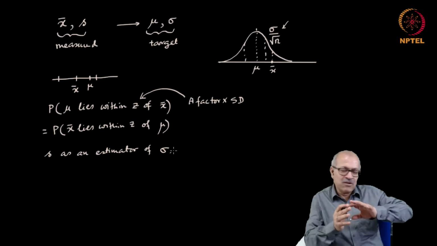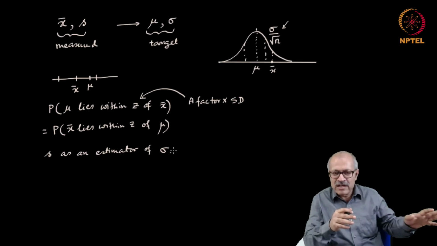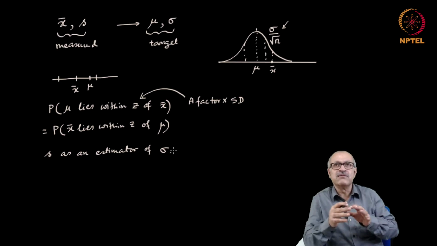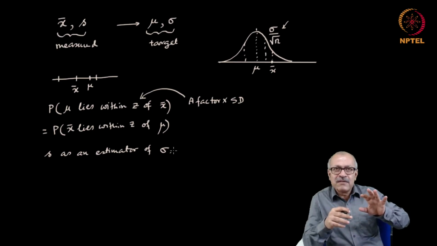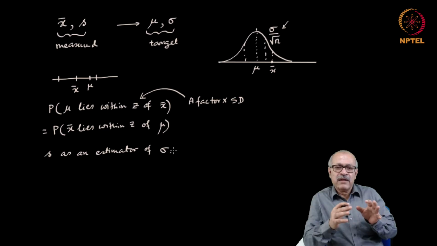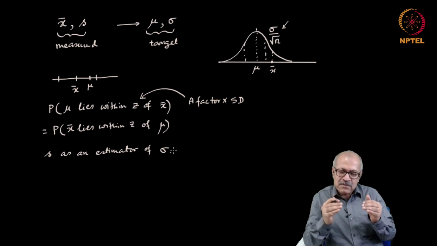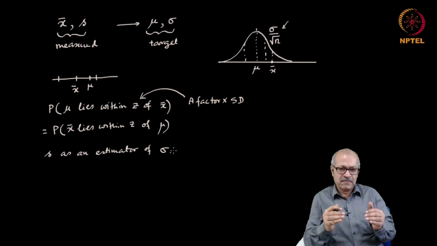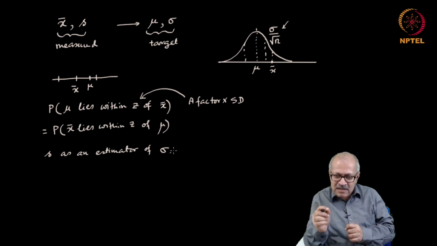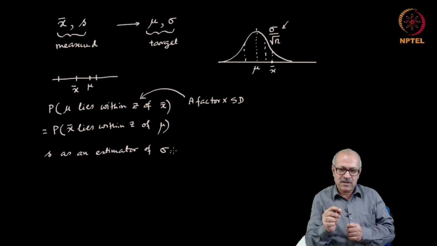the theory in statistics, which I will not get into the details of, shows that if the number of samples is reasonably large, then the difference between s and sigma will be really small.